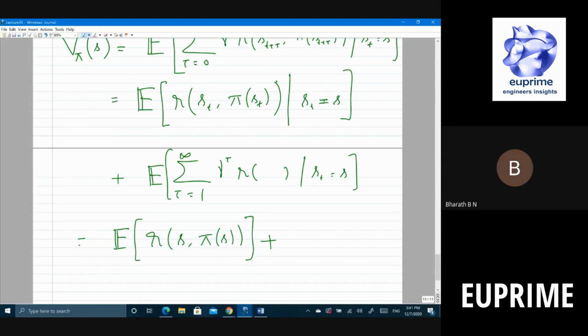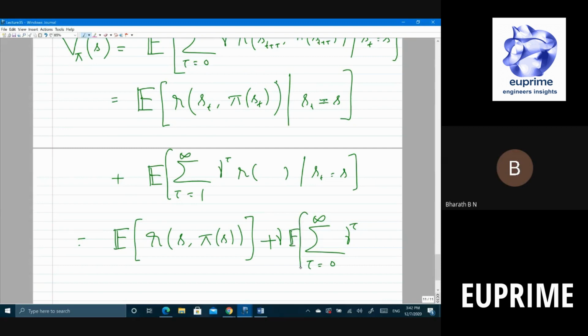Now tau equal to 1 to infinity. If I were to change this, I can do the following. I want to change it to 0 to infinity again. What should I do? I should change tau to tau plus 1. That means we'll have tau here and we'll have a gamma outside also.